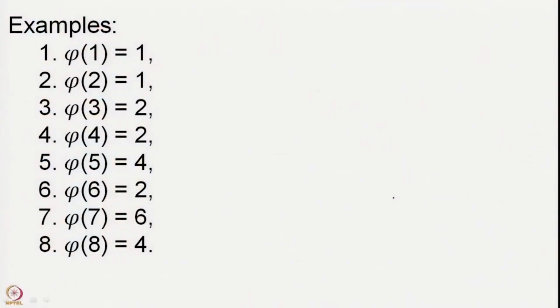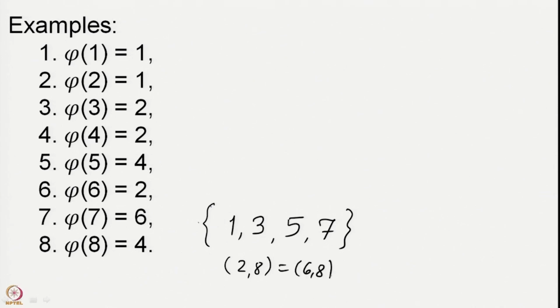Let us check one more example, phi of 8, and this happens to be 4. This is because when you write all the elements modulo 8, we can write only the odd elements. Once you have an even element, that will have a non-trivial GCD with 8. So, the GCD of 2 and 8, the GCD of 6 and 8 are equal to 2, which are bigger than 1.